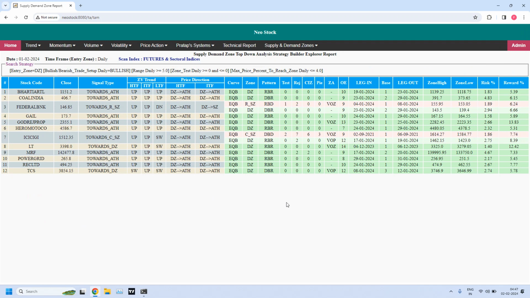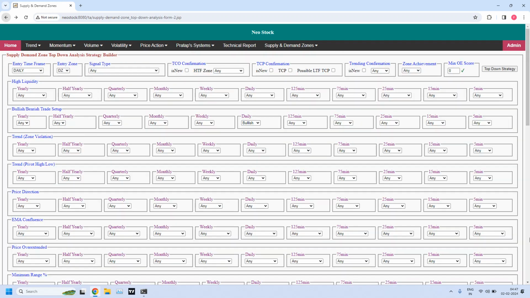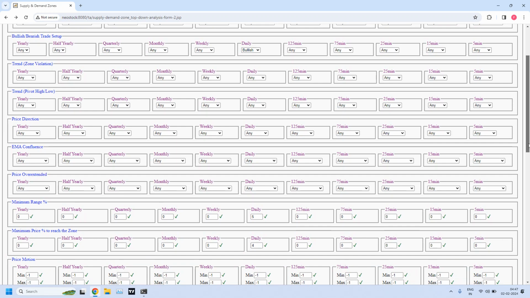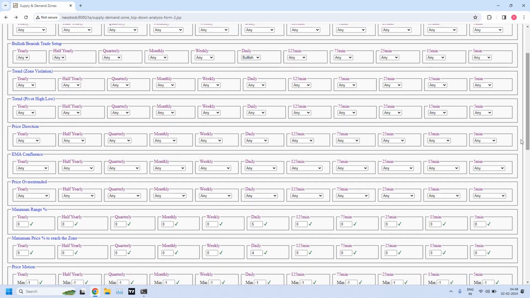Now we got 12 stocks. Even if you want more, make it 5%, stocks within 5% before the zone. See, our D to D range itself is 5%.